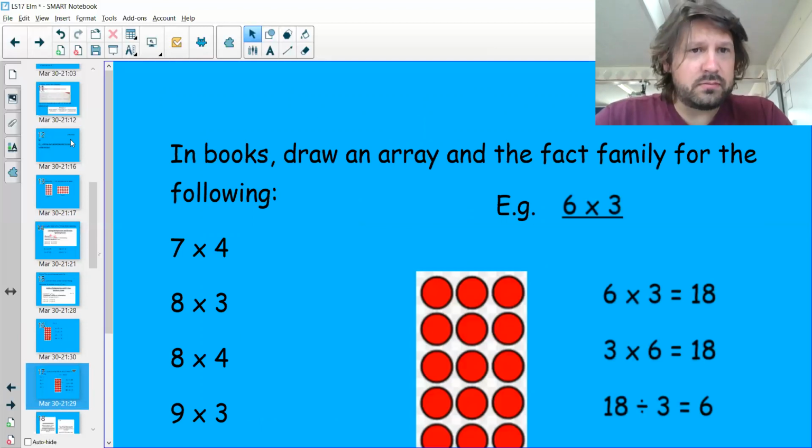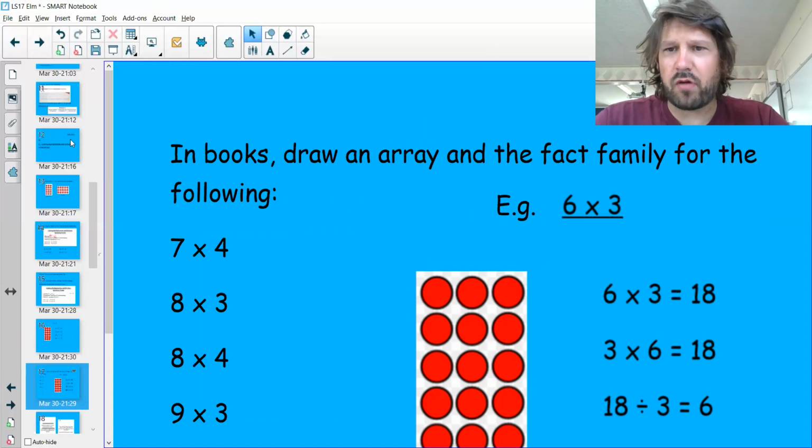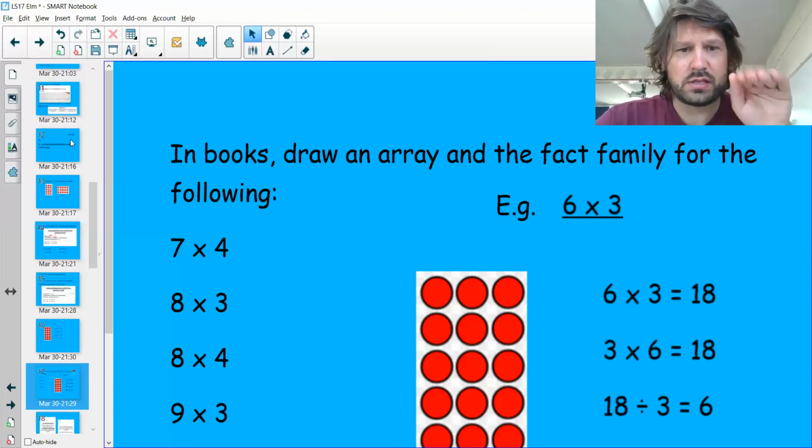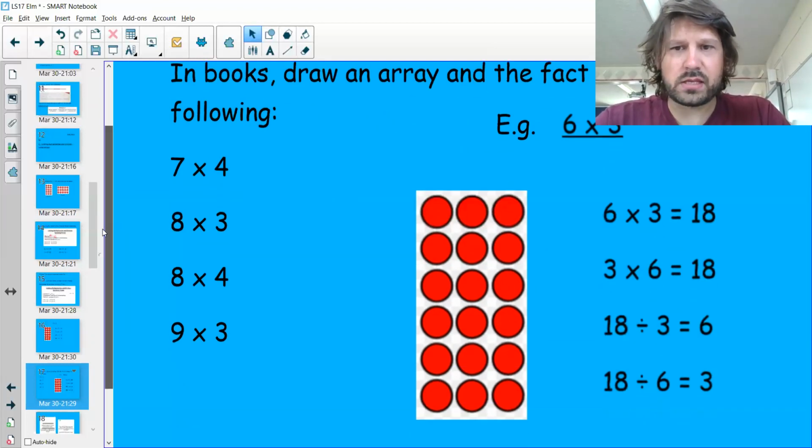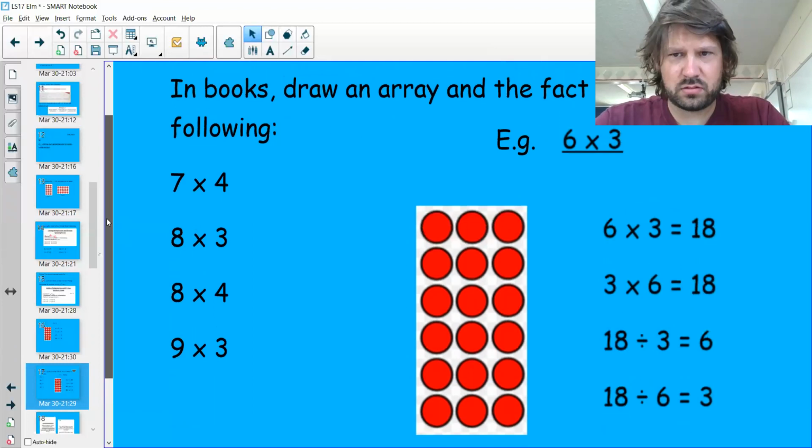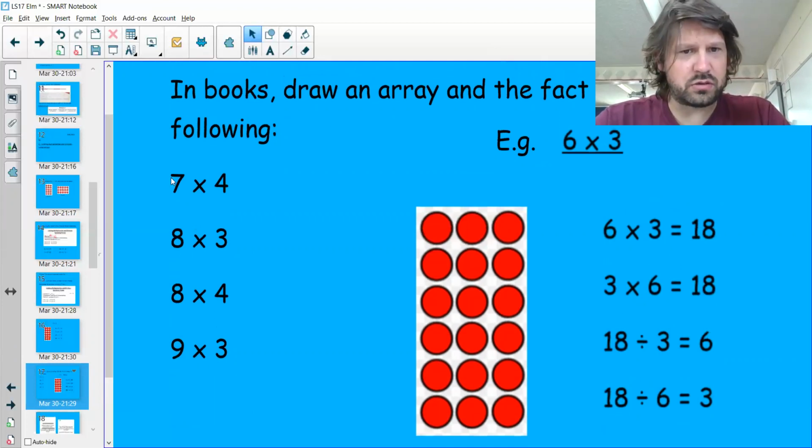Then in our books, today's lesson is drawing an array and the fact family for each of the following numbers.